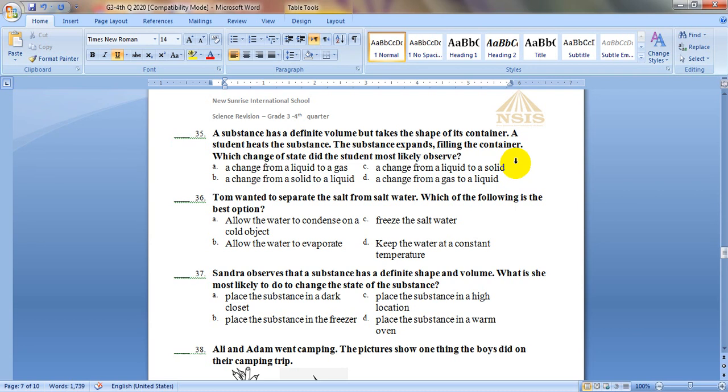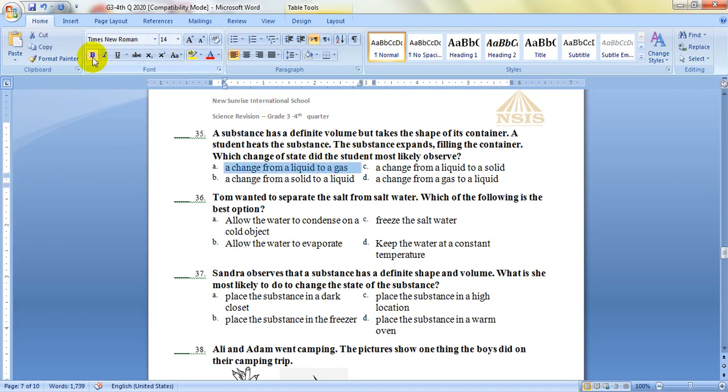When the student heats this substance, it expands and fills the container, so it changes to be a gas. So which one is the correct answer? A change from a liquid to a gas, a change from a solid to liquid, a change from liquid to solid, a change from gas to liquid. It is letter A, a change from liquid to gas.